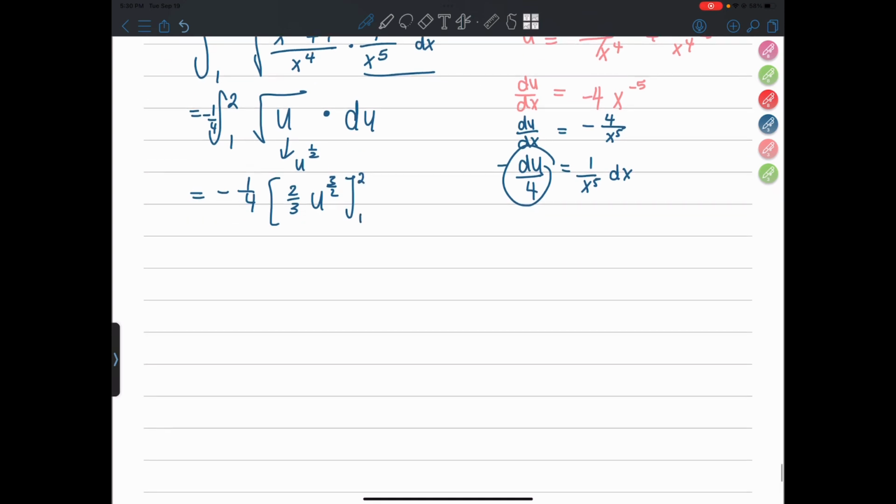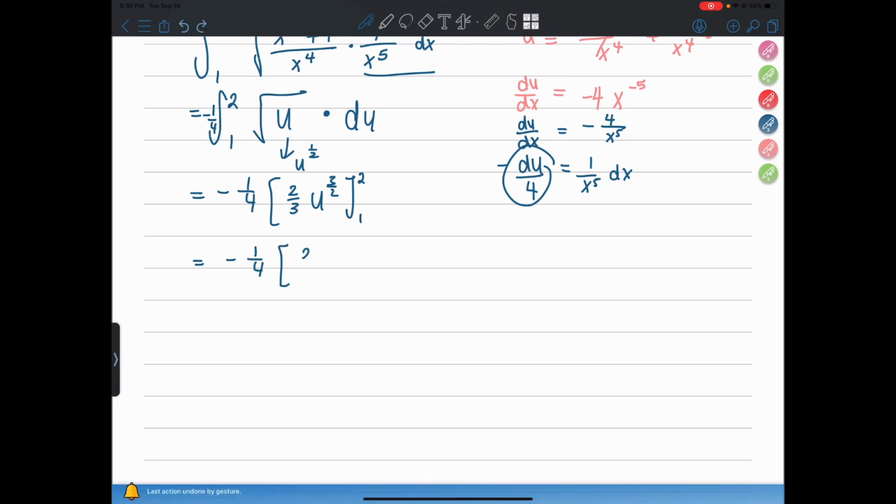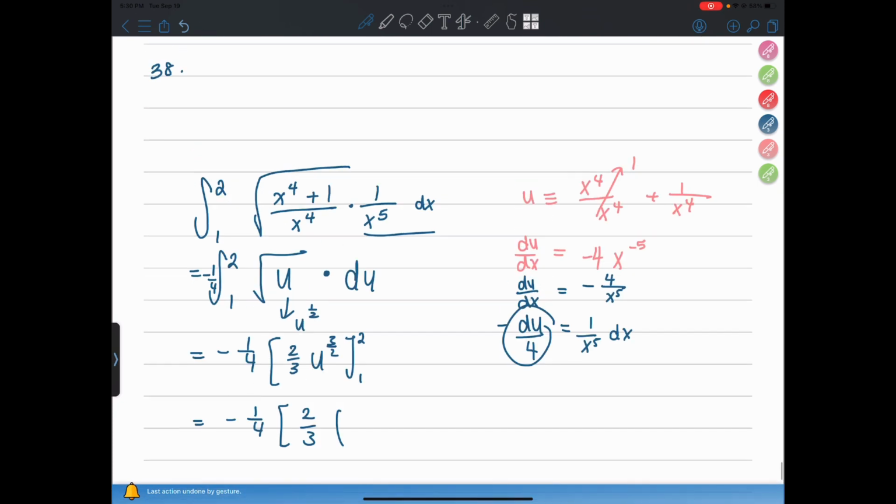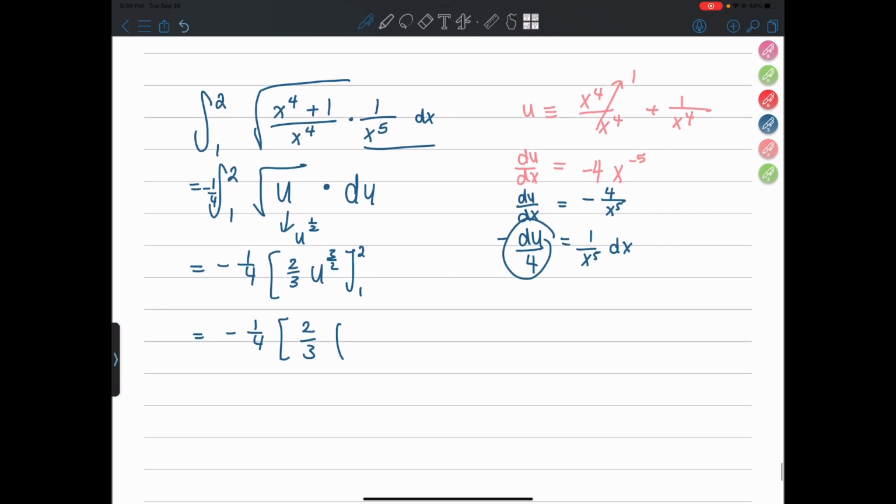Okay, good. Oh, and then don't forget to resubstitute in for u. That is often a common mistake. So we set u to be this. So let's substitute that back in. Plus 1 over x to the 4 to the power of 3 over 2.